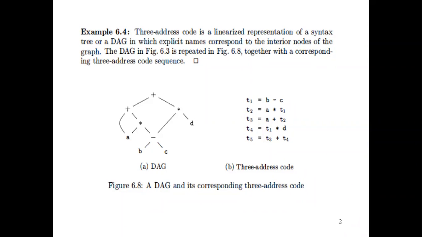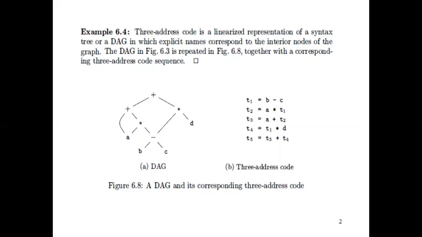You are already aware that the directed acyclic graph is nothing but the compact form of the abstract syntax tree. And what is the syntax tree? You have already drawn a number of expressions for the syntax tree, and now this is one of the compact forms, the directed acyclic graph.